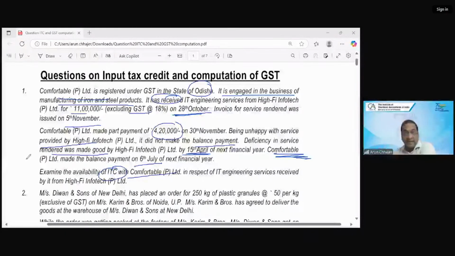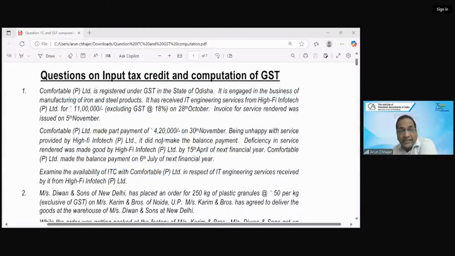Point number 1, let me ask in parts: on which date would the ITC be available to the recipient, Comfortable Private Limited? On 28th October, on 5th November, or on 30th November?